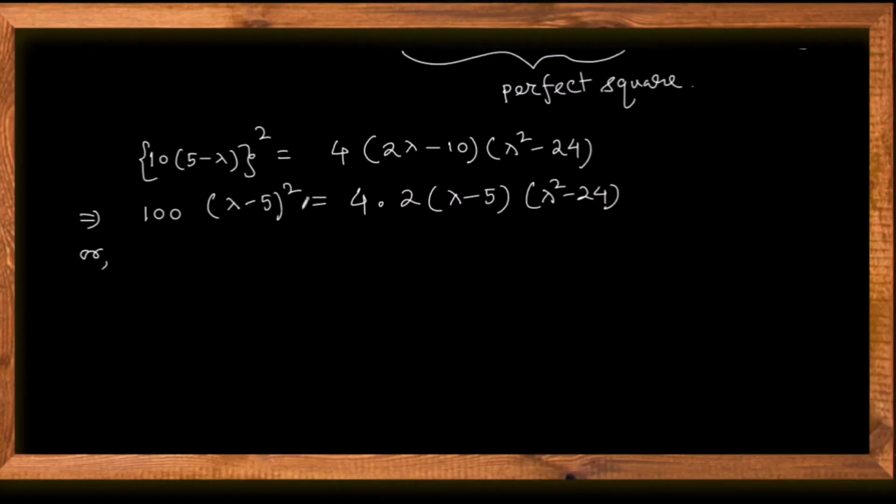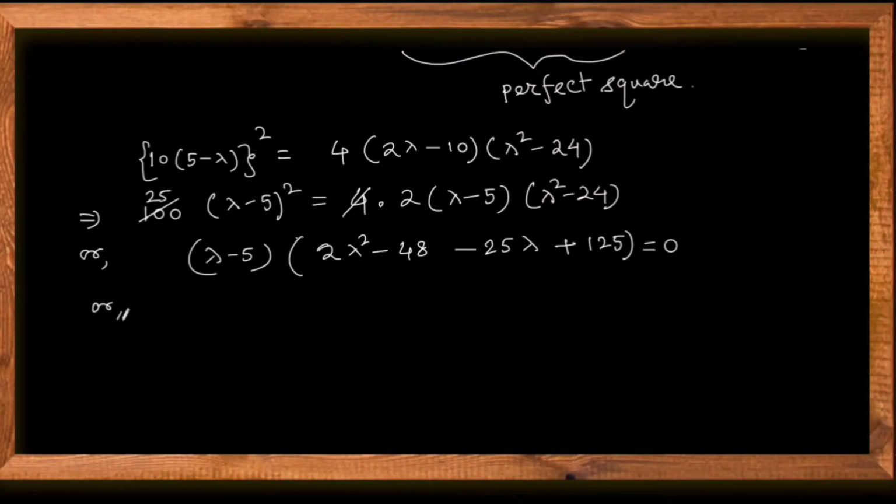Or we can write this as (lambda minus 5) times (2 lambda square minus 25 lambda plus 77) equals 0.